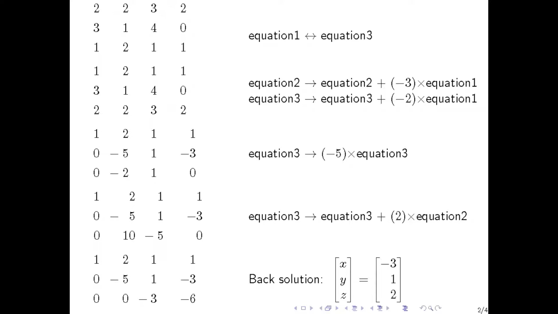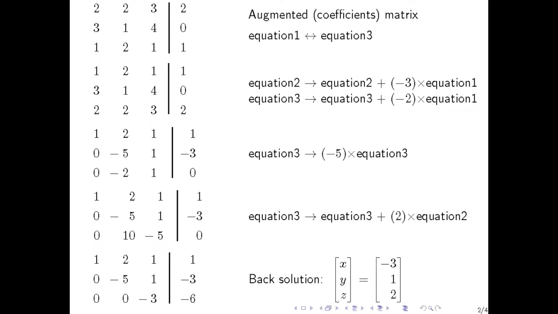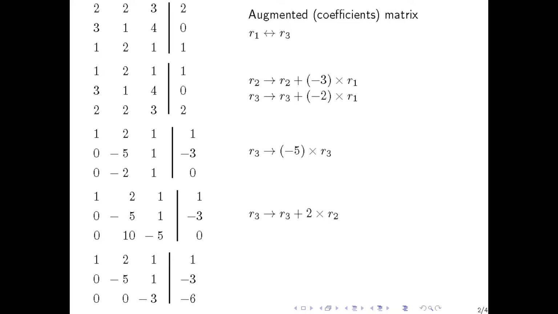And what we end up having is something that looks like matrices. The first matrix is actually called the augmented coefficients matrix for the linear system. In addition, we draw a line to help us remember that there is a major difference between the coefficients in the last column and the others. Also, what we did on the equations turned out to be what we would do on the rows.